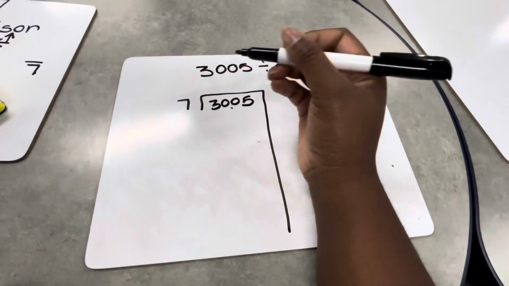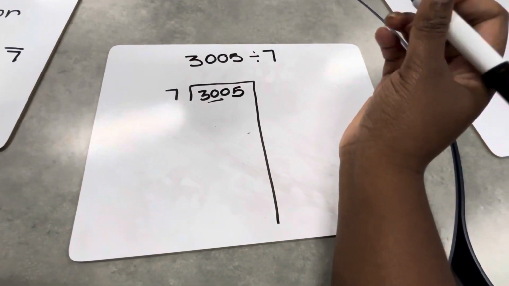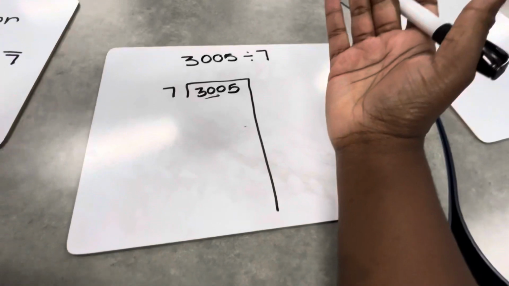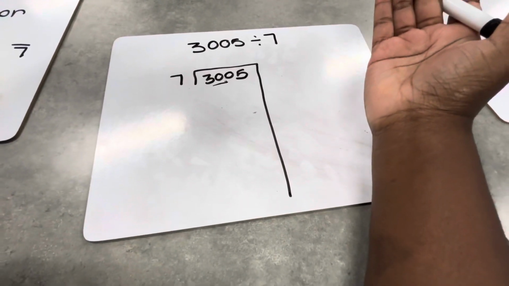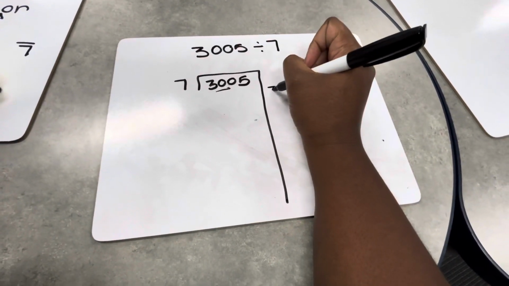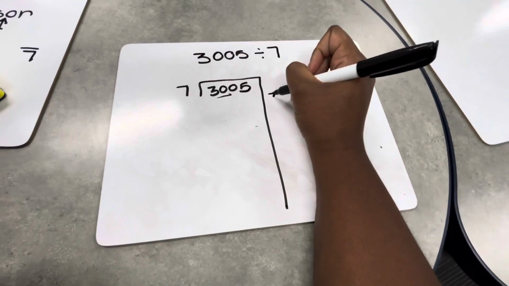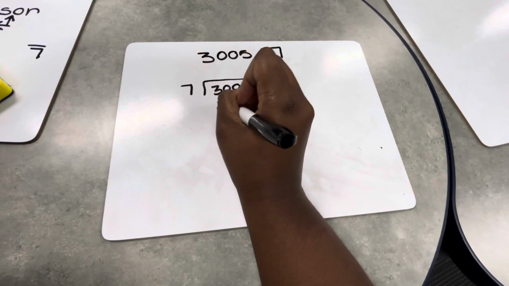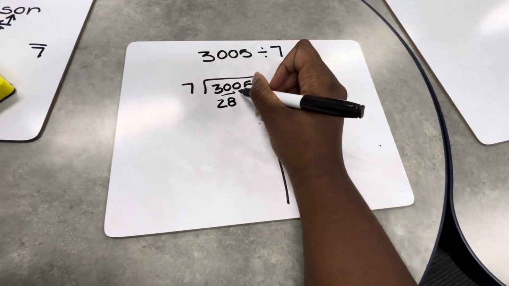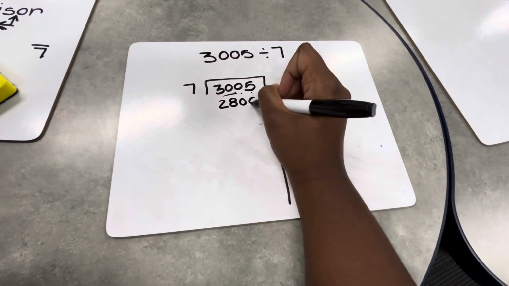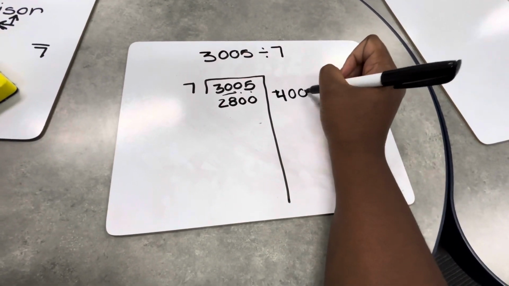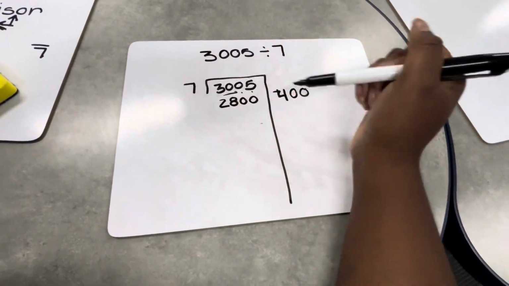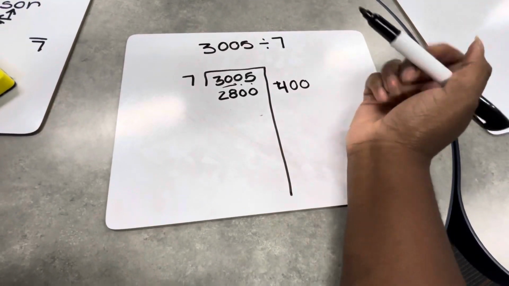Now, the first thing that we're going to do is look at those first two numbers. What number can I multiply by 7 to get me close to 30 without going over? So 7 times 4 is 28. I am missing 2 digits, so I'm going to add 2 digits. That means 7 times 400 is 2,800.